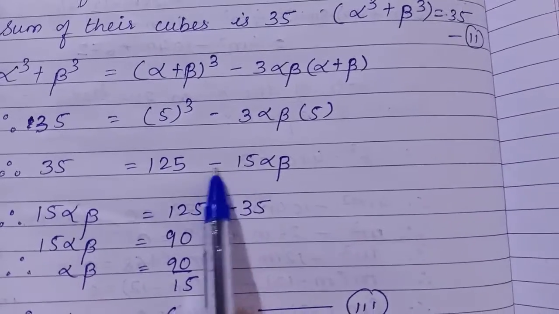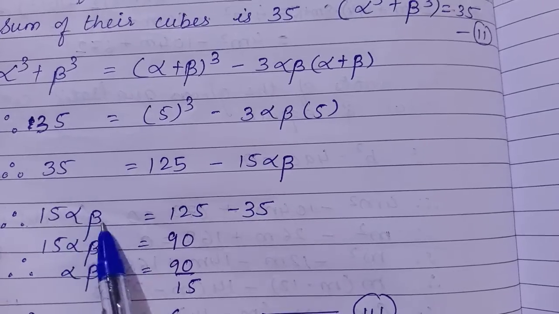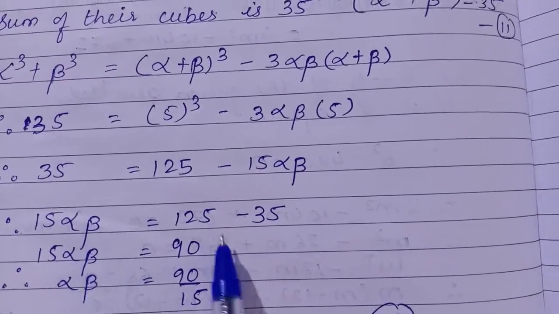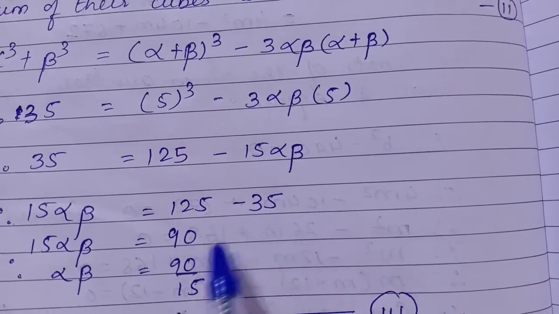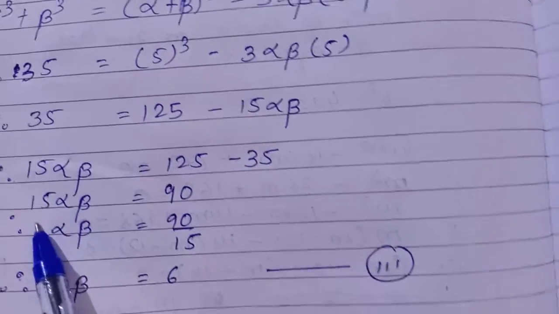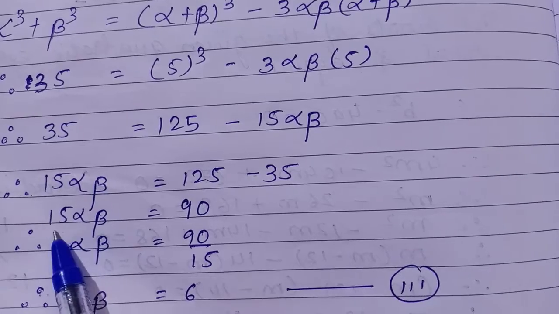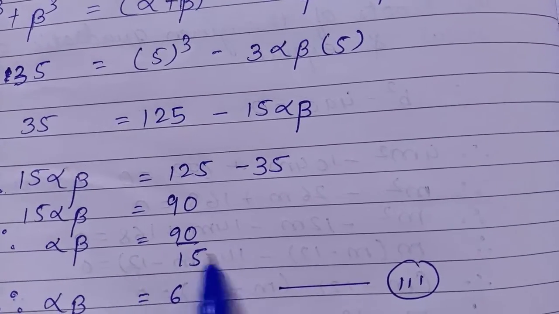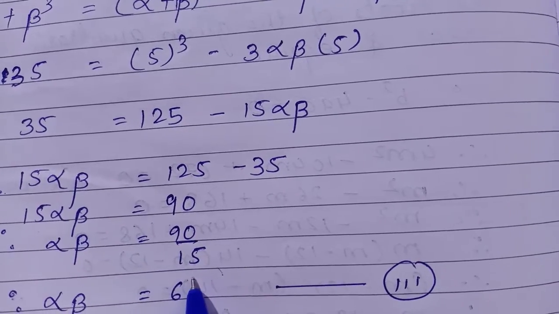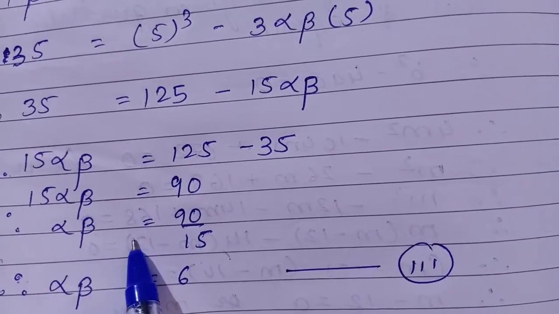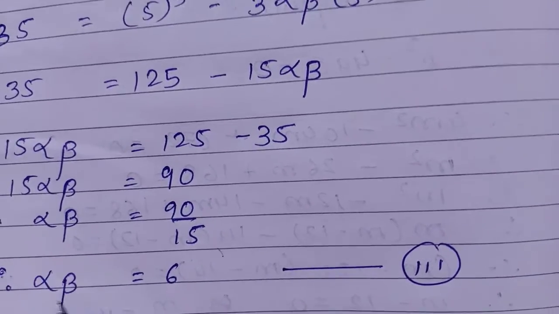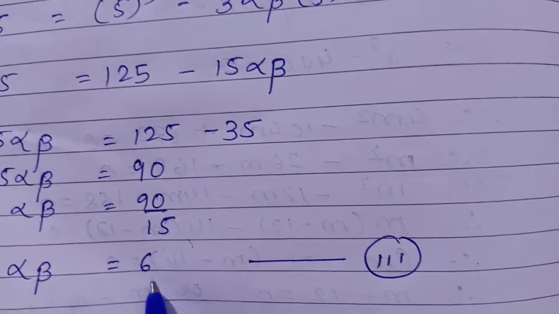The negative sign will change into positive, and this will be 125 minus 35. We'll get 90 after subtracting, and then 15 is in multiplication form, so it will come down as division, that is 90 divided by 15. So alpha into beta will be equal to 90 divided by 15. The answer is alpha into beta is equal to 6.